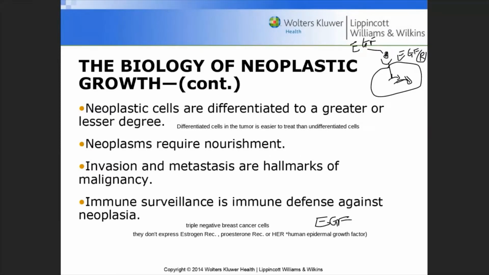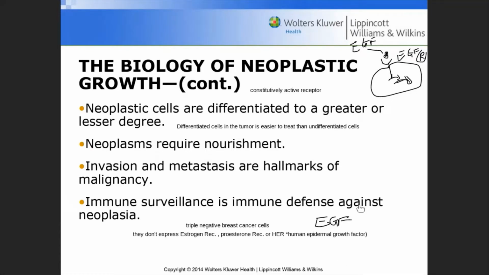Constitutively active receptor. So in other words, the receptor is always on. It doesn't need the epidermal growth factor to turn it on. And so this cancer may have this, or sometimes the cancer does not have that.